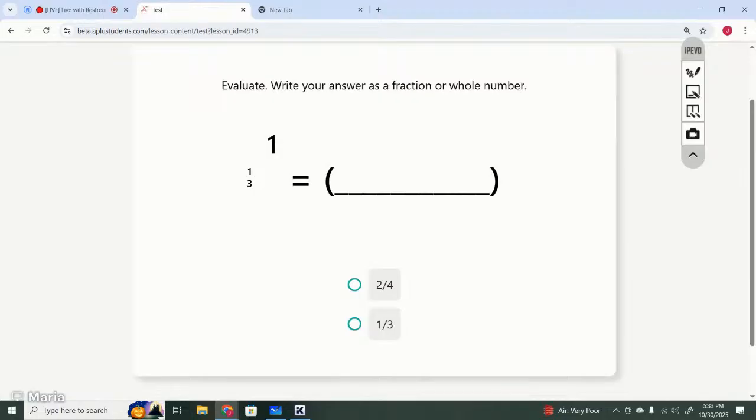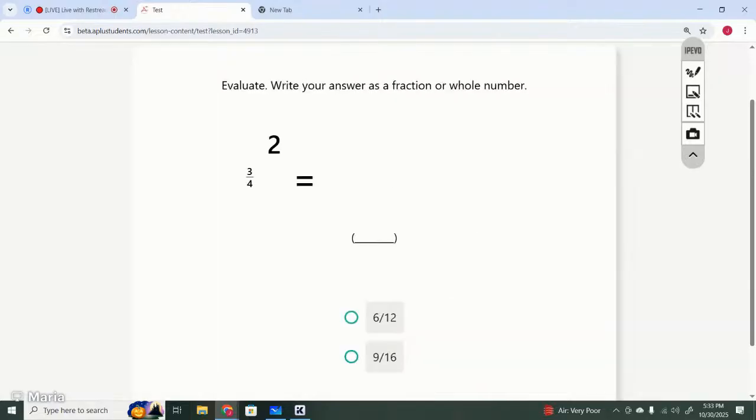1 by 3 exponent 1. That is 1 by 3. Option number 2 is the correct option. 3 by 4 squared. 3 squared divided by 4 squared.